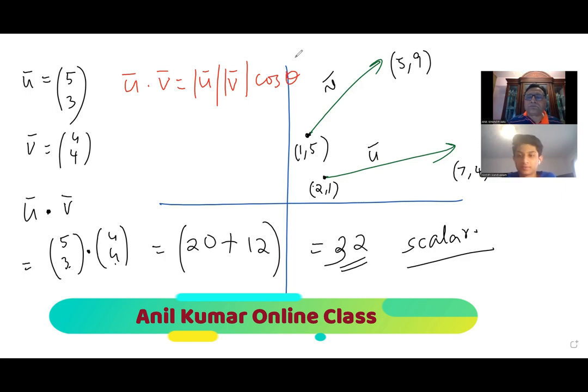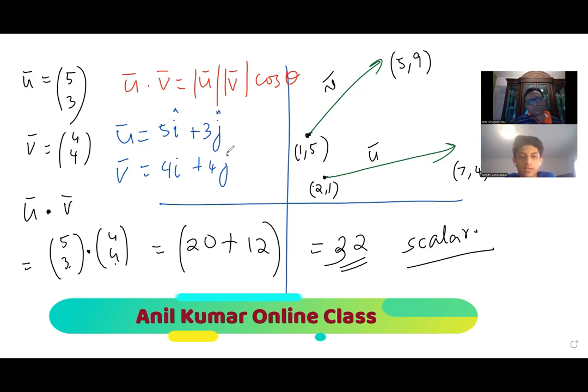Now, let me show you how we really did it. Vector u, you could have written as 5i plus 3j, where i is the unit vector along x and j is the unit vector along y. And v I could have written as 4i plus 4j.